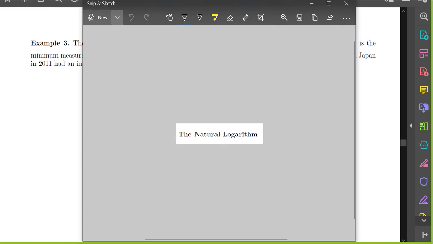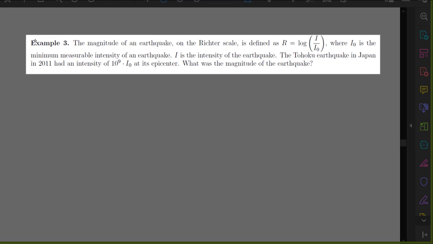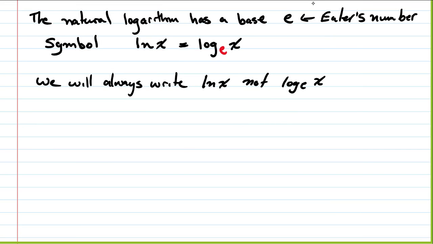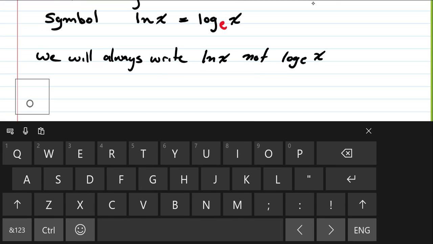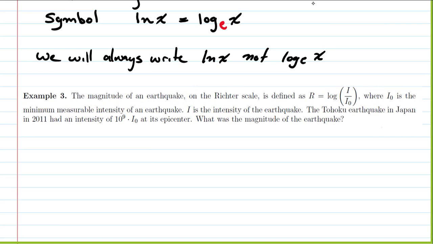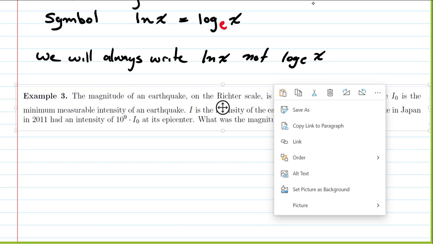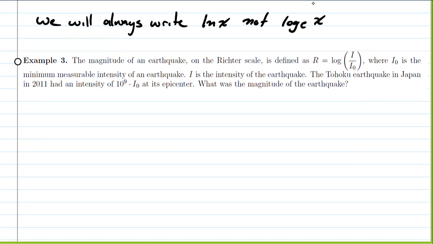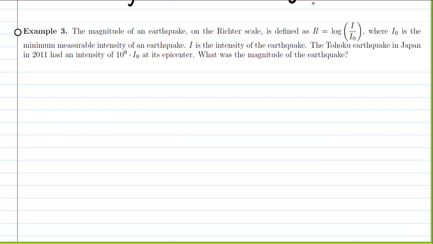All right, let's take a look at our next example. The magnitude of an earthquake on the Richter scale is defined as R is equal to log of I divided by I naught, where I naught is the minimum measurable intensity of an earthquake, and I is the intensity of the earthquake.